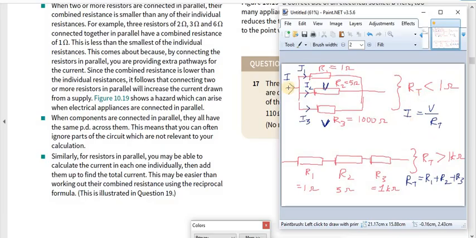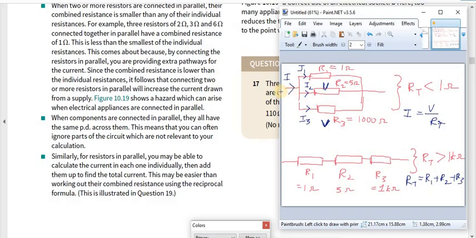Then the current entering this junction, capital I, is equal to V divided by the total resistance. So another option is to find the total resistance and divide V by that total resistance to get the total current. This may be a bit more complicated than doing it this way.